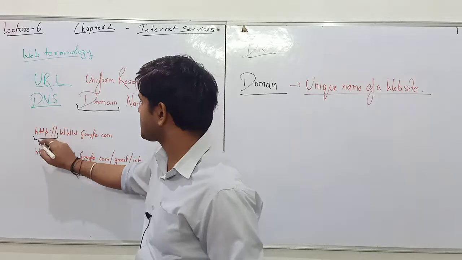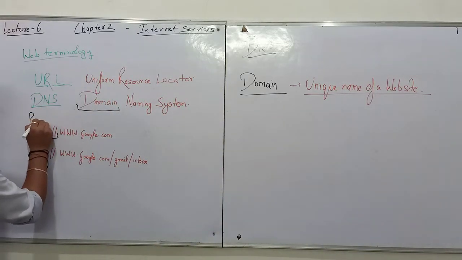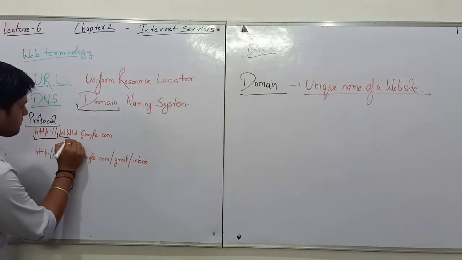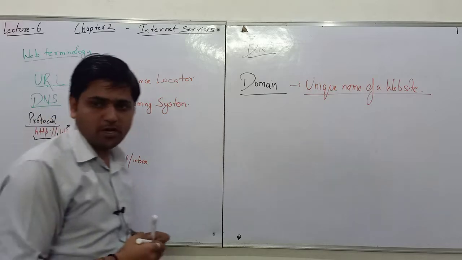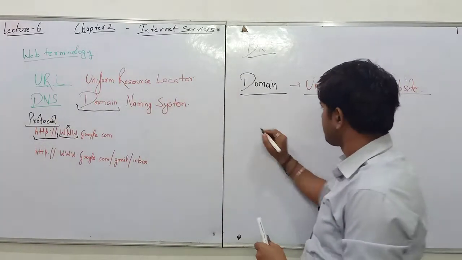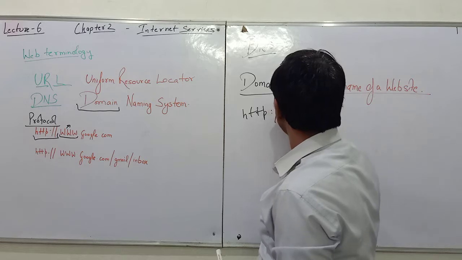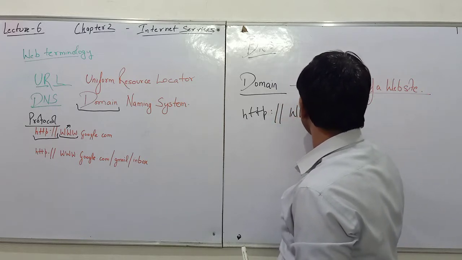HTTP, Hypertext Transfer Protocol, is a protocol, means a rule. As already discussed, protocols are also known as a set of rules or instructions. www is a service.